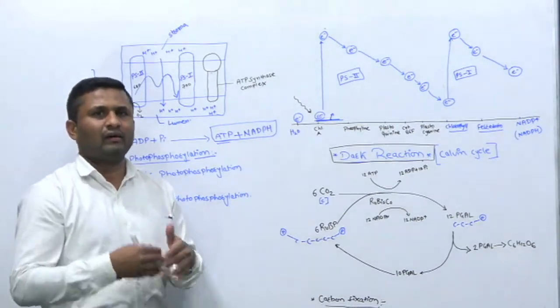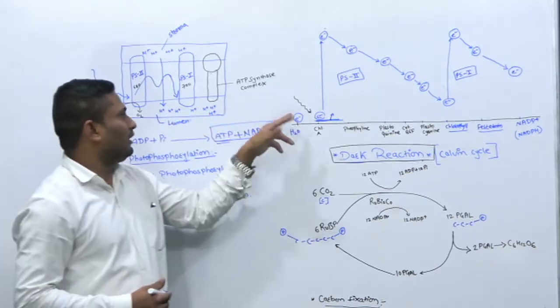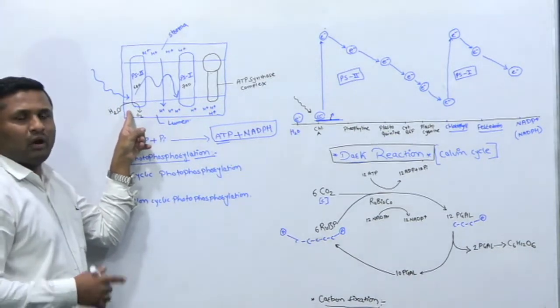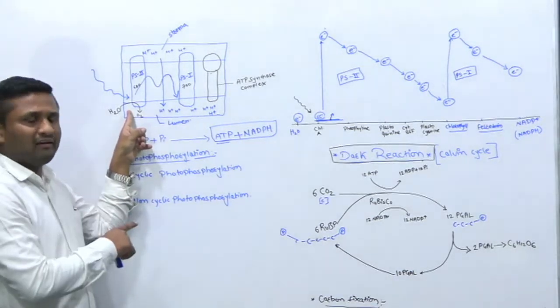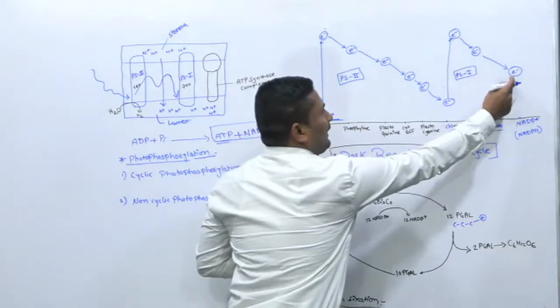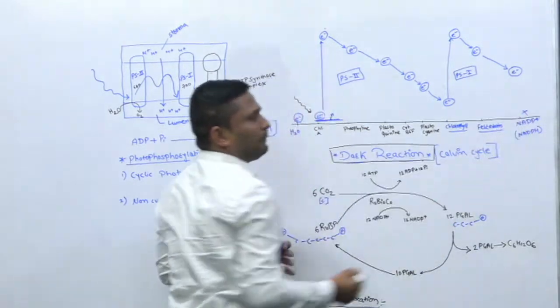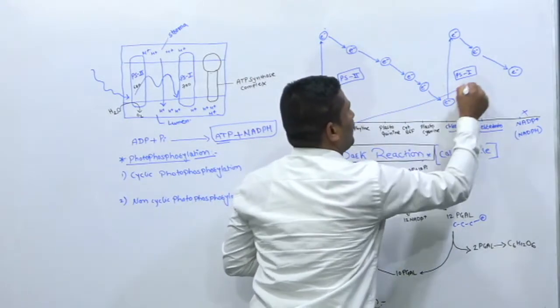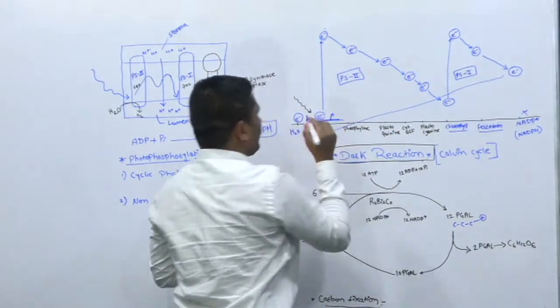So here the electrons that are released from this PS second, what will happen in cyclic photophosphorylation? This electron will not finally get accepted by this NADP plus, rather it will come back to this chlorophyll A.